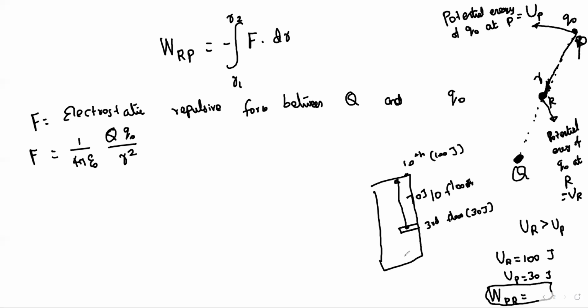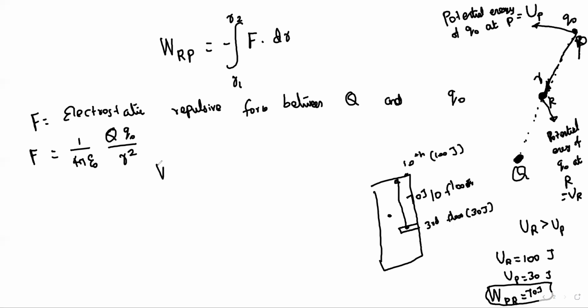Because you have to do the work against the gravitational force. When you climb up in the apartment, you have to do the work against the gravitational force. The same way, here you have to do the work against the electrostatic force. So 70 joule of work you have to do.